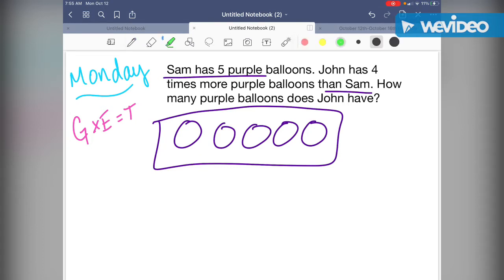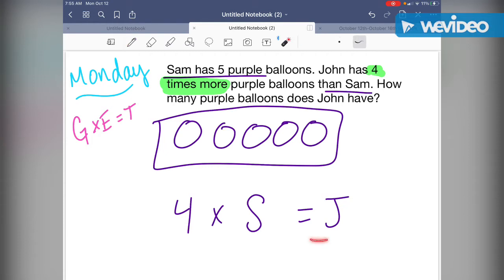Boys and girls, that is a key phrase of you knowing that this is multiplication. So whatever Sam has, you're going to multiply that by 4, and that's going to be how much John has.